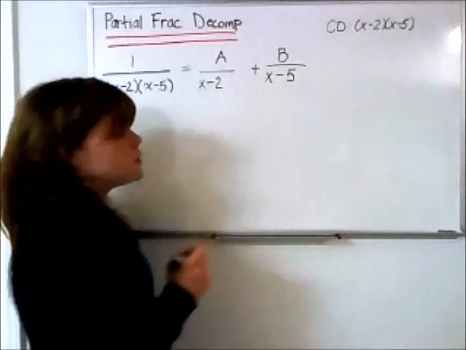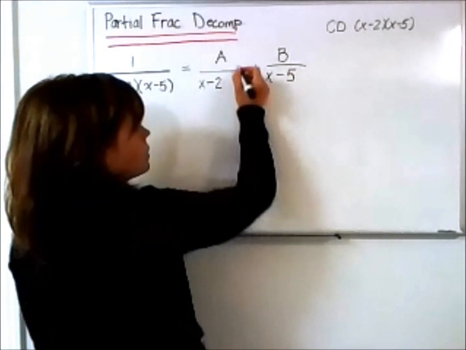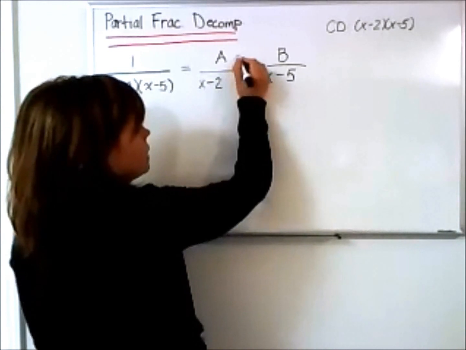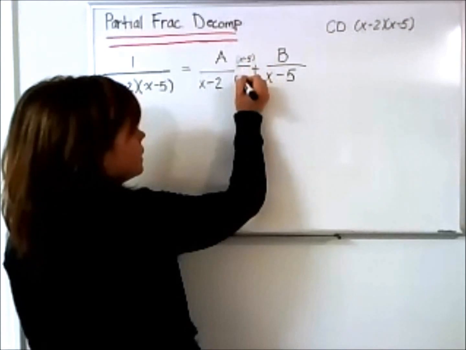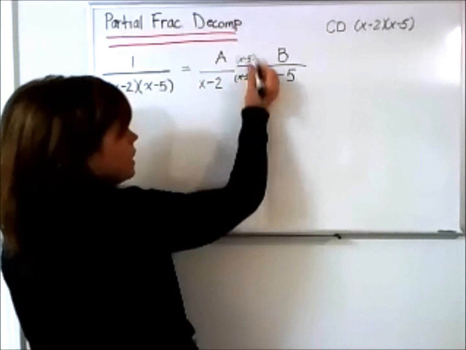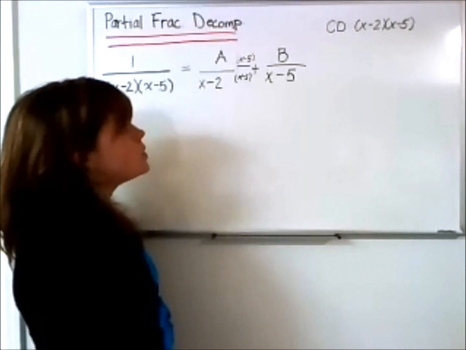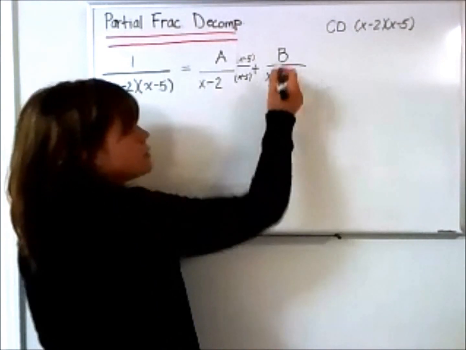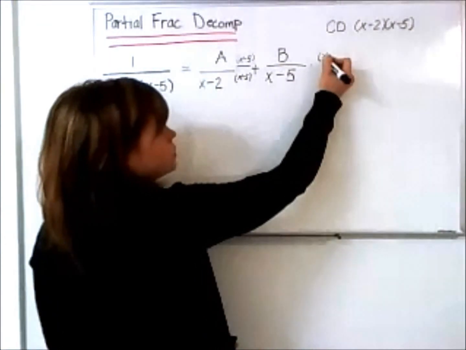So, looking at this first fraction, in order to have this denominator, we're going to have to multiply the top and bottom by x minus 5 over x minus 5. Again, this thing is really just 1, so we're not changing that expression at all. And we're going to do the same thing over here, but in this case, what we need is an x minus 2.